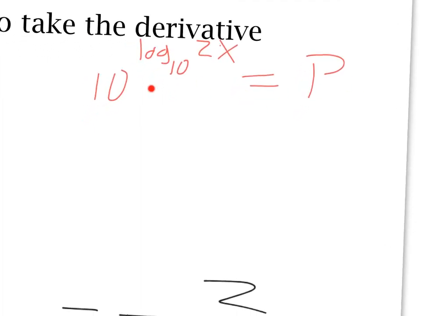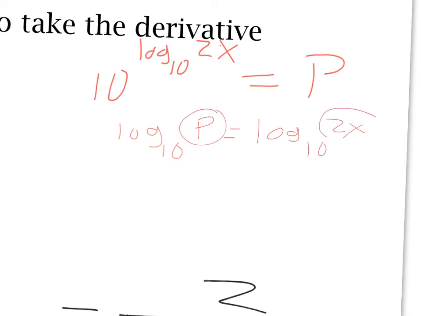If I was to put this in logarithm form, my base would be 10, and then I would write it as log base 10, because this is my base, drop my base, and then I would switch these two things. So it would be log base 10 of p equals log base 10 of 2x. And so you should be able to see here, look, everything is the same except for the p and the 2x. So really, if this whole thing equals p, well, p has to be the same thing as 2x, so this whole thing just equals 2x.